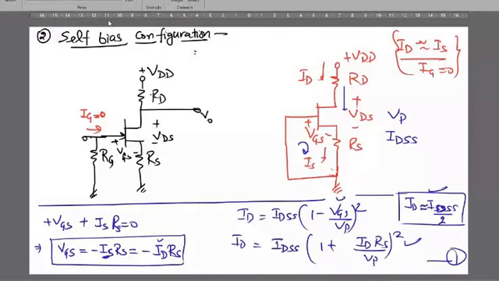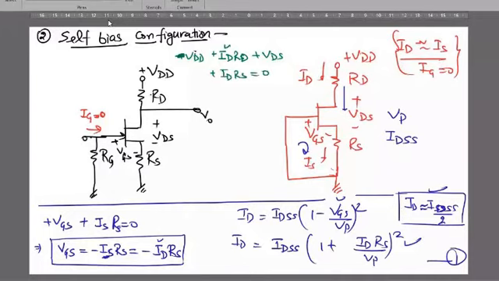Now you can apply minus VDD plus IDRD plus VDS plus IDRS equals 0.